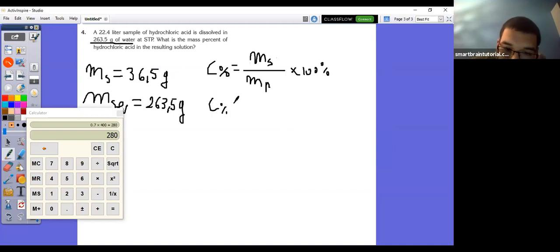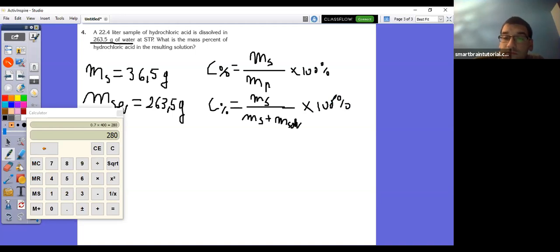Here, mass percentage concentration is mass of solute over mass of solute plus mass of solvent, times 100%.